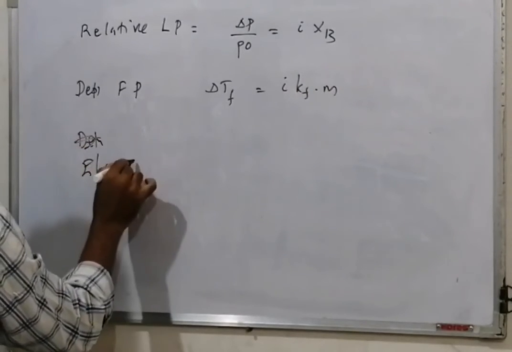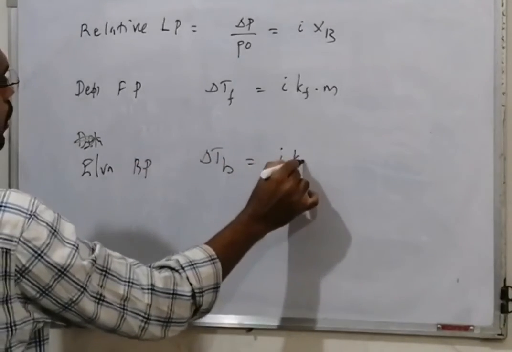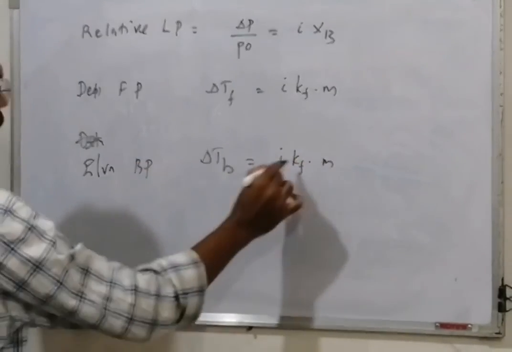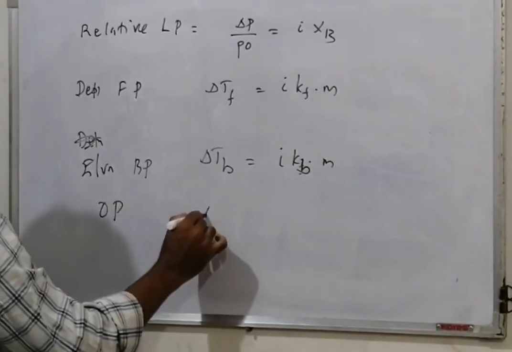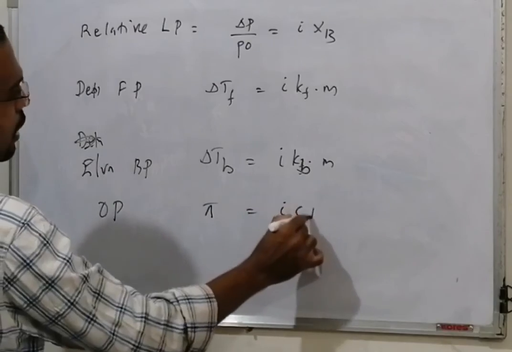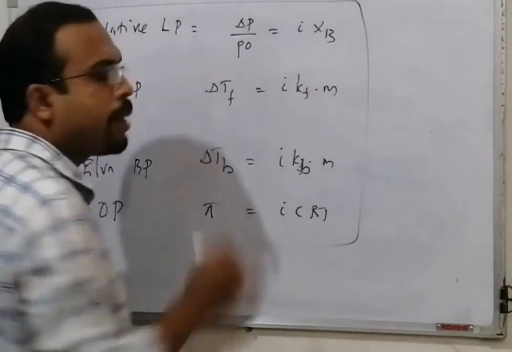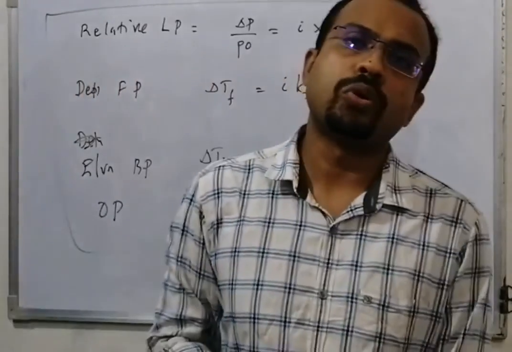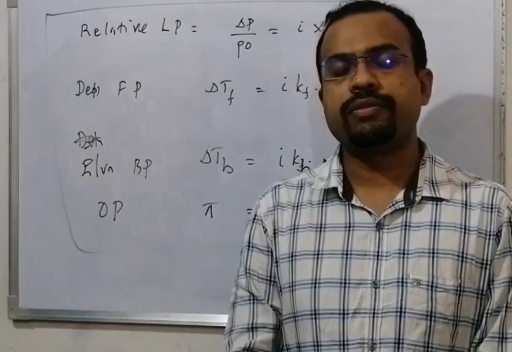Elevation in boiling point, delta TB is equal to i into KB into m. Osmotic pressure, pi is equal to iCRT. Therefore, these equations should be memorized before solving the numericals. And this is the theory part of the chapter.